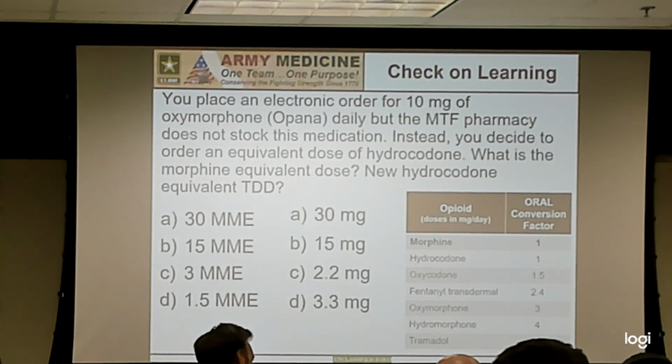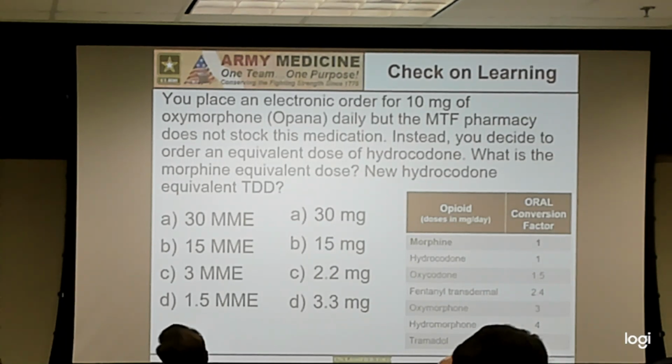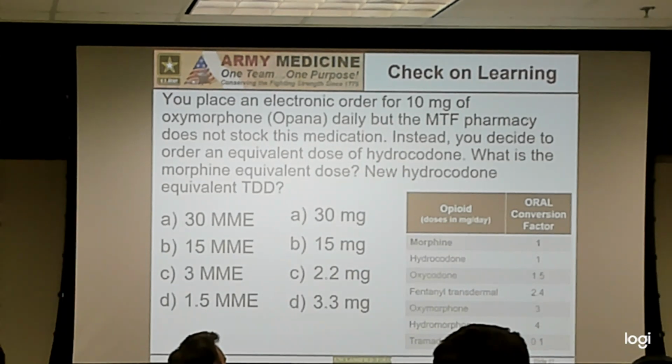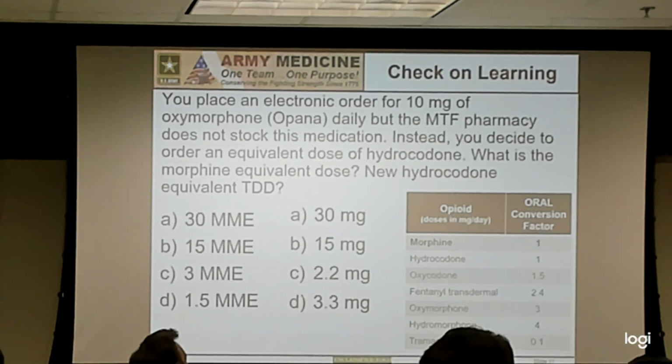In this situation, I reduced it by 33% for the cross tolerance, I didn't do simple math, so that's why you'll get C. If I didn't reduce for that cross tolerance, the answer would have been D, which would have been the wrong answer. That might happen on the exam, because y'all know we like to give y'all easy questions.